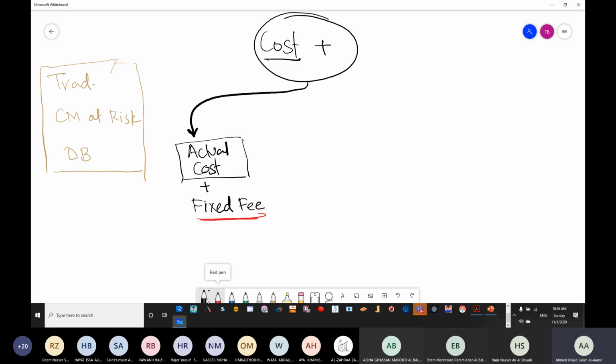That's method number one. Method number two, we have actual cost plus percentage.